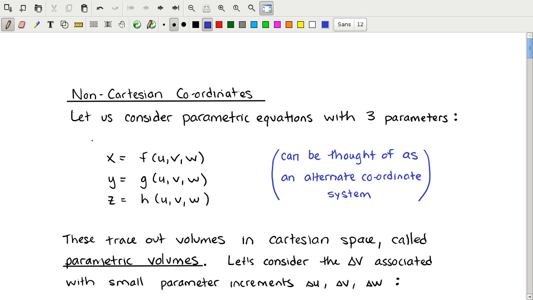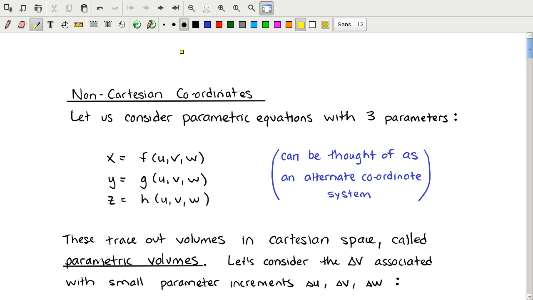And that is to say, let's continue our analogy of going from parametric curves to parametric surfaces, from 1 parameter to 2 parameters, now to parametric equations having 3 parameters of the form shown here, where x, y, and z are each of them functions of the 3 parameters u, v, and w.